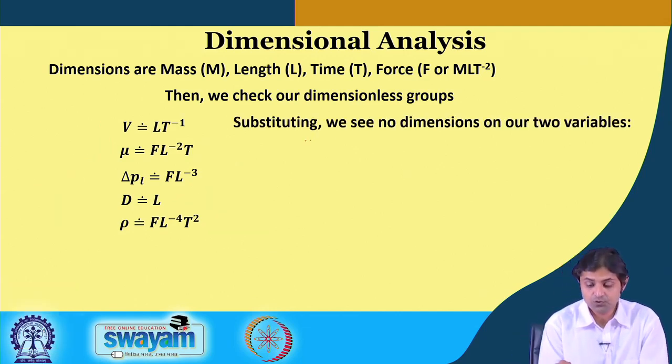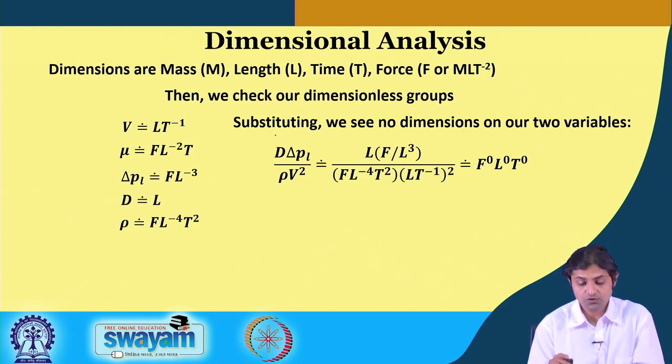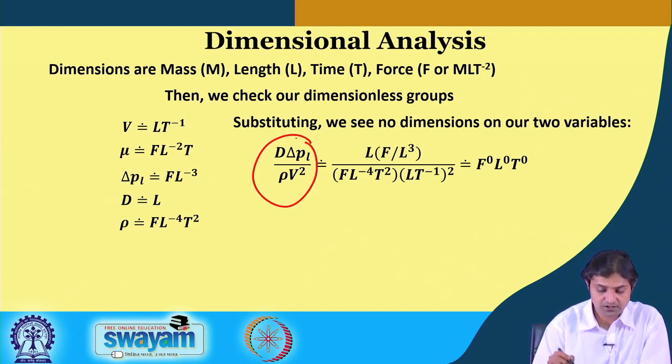So, we substitute into our dimensionless group and we will see. This was dimensionless group 1.